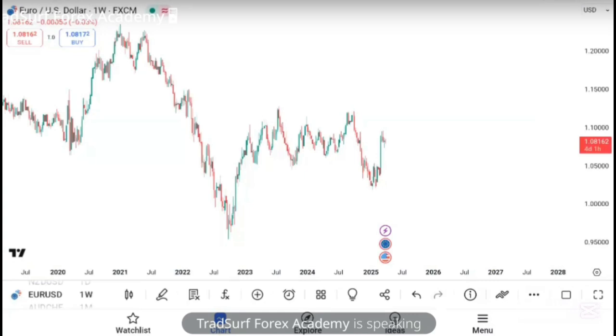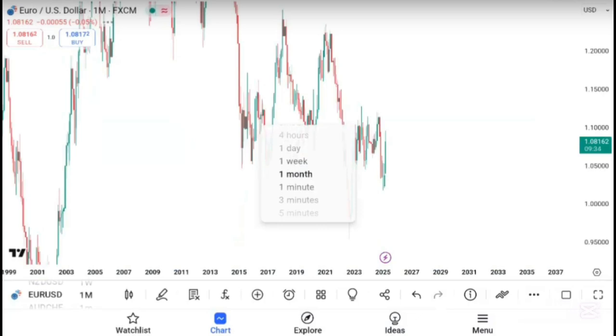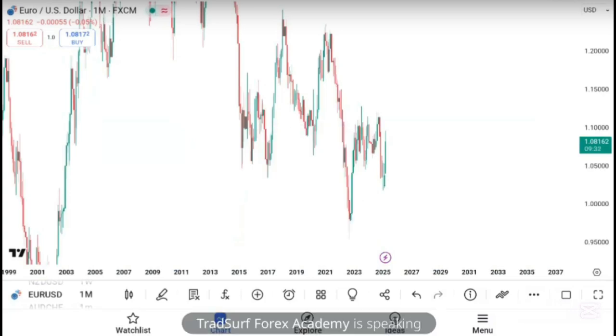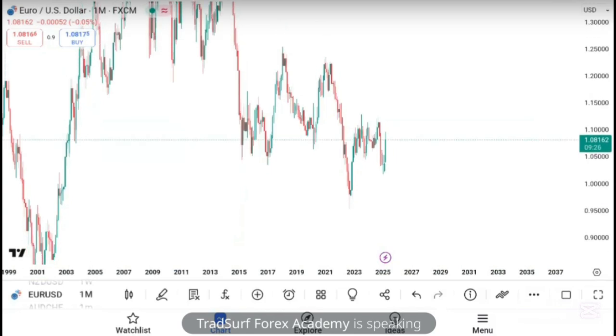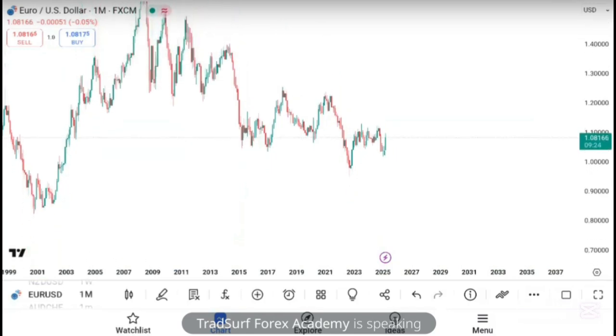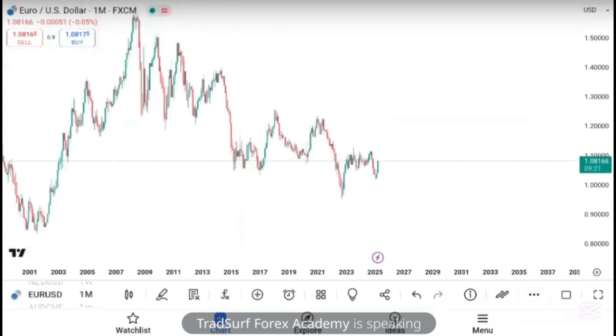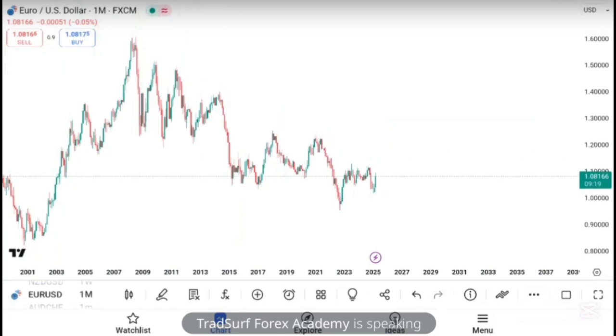Okay. So what did I say top-down analysis is? I said it is you as a trader analyzing the market from the higher time frame. That's what the higher time frame does, it just guides you and gives you the overall direction of the market. So what is the overall direction saying?